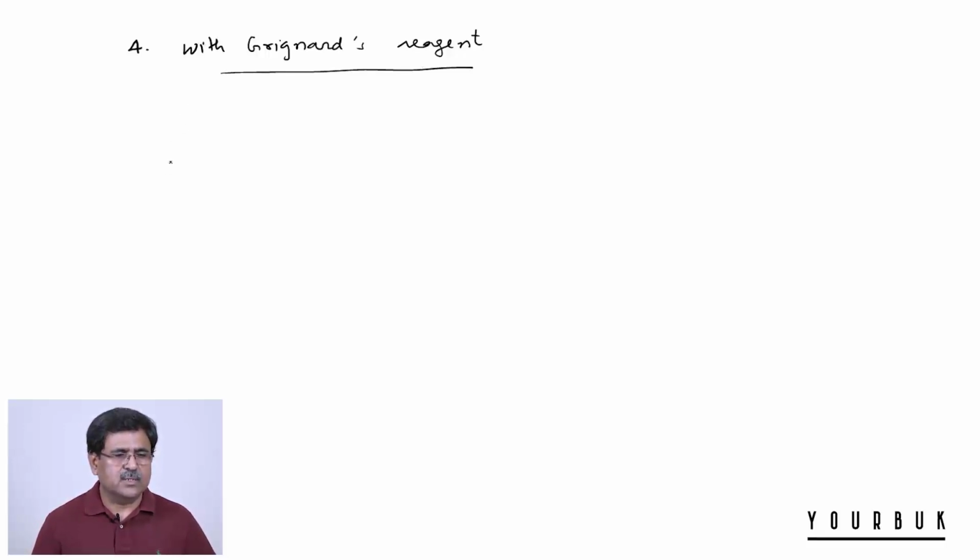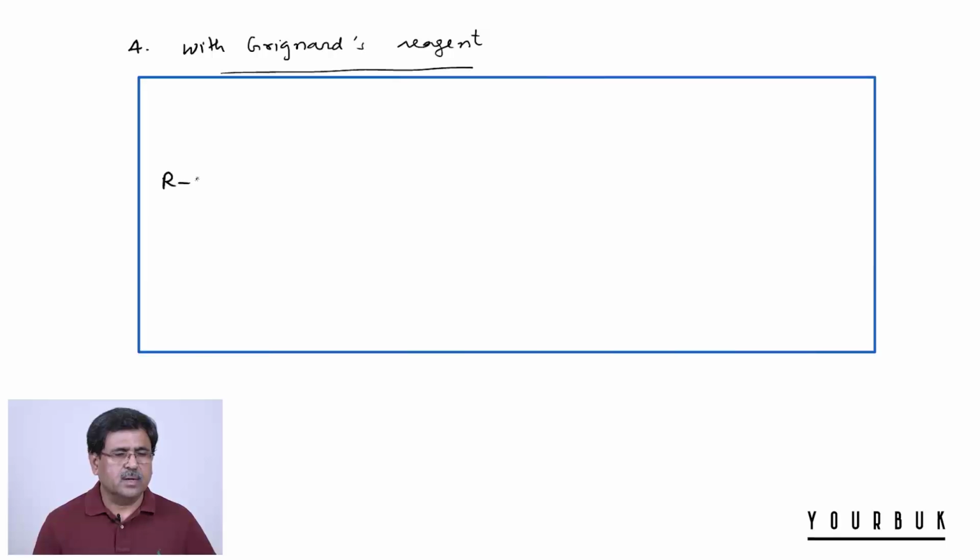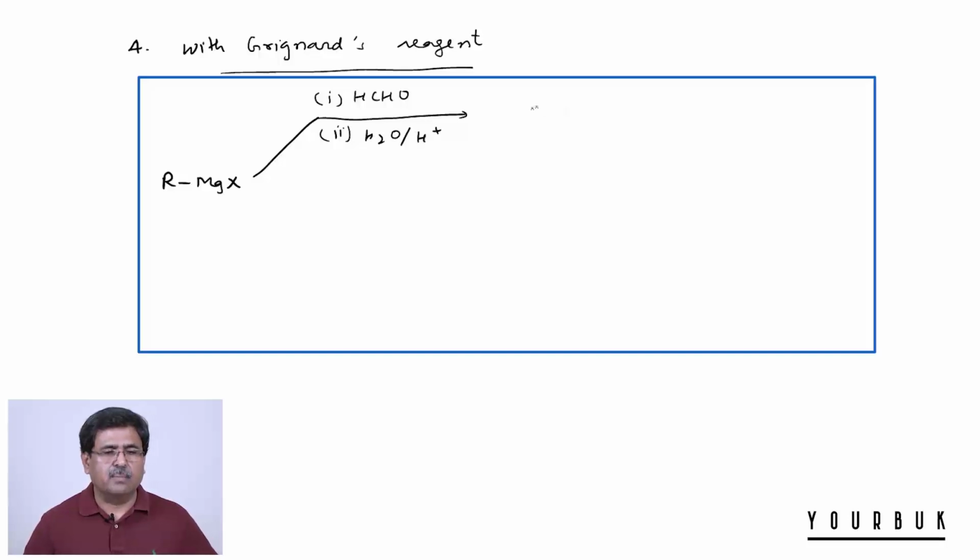Now this is our Grignard's reagent RMgX, and when RMgX reacts with formaldehyde, followed by reaction with water in acidic medium, it gives a primary alcohol, RCH2OH. This is called primary alcohol, 1 degree alcohol.